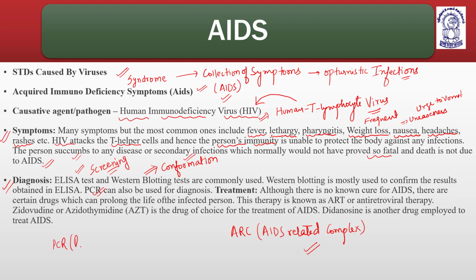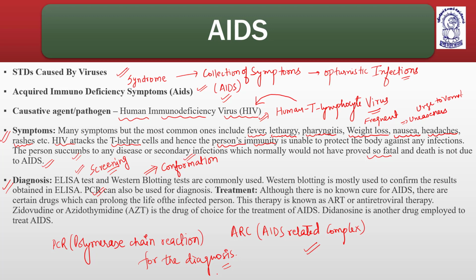PCR, polymerase chain reaction, is also done for the diagnosis. You just have to remember these; every fine detail of all these diagnostic procedures will be given to you in the chapter Human Health and Diseases.